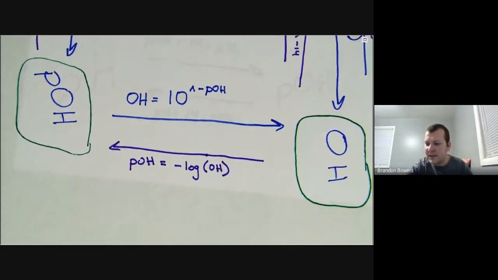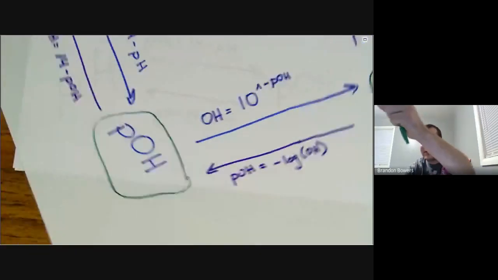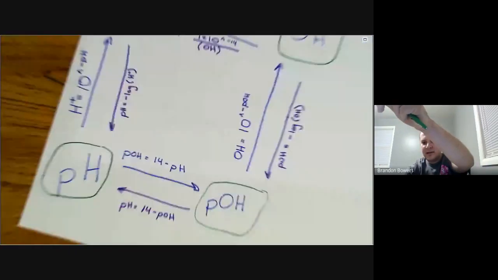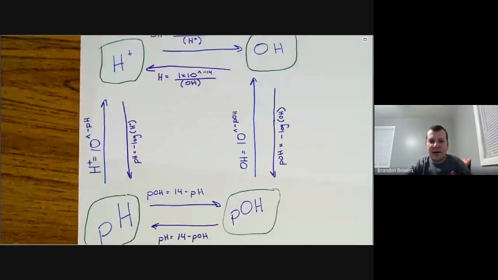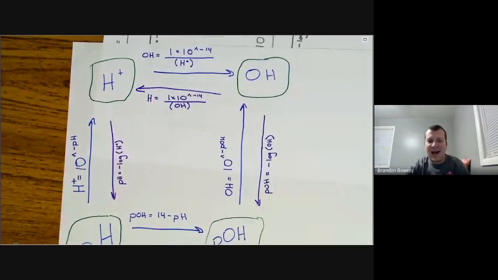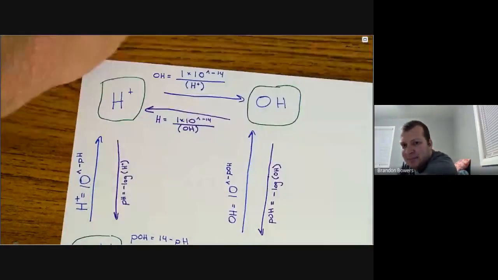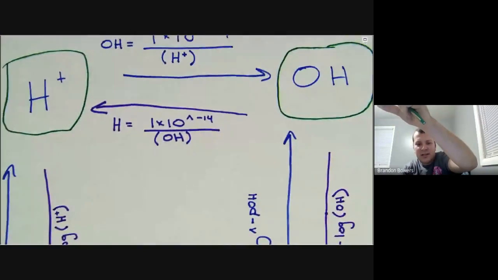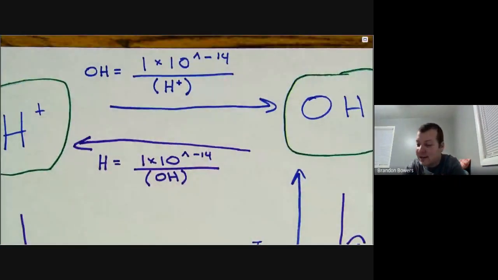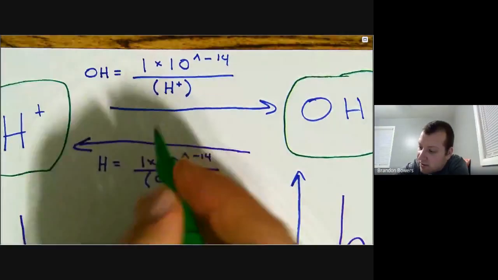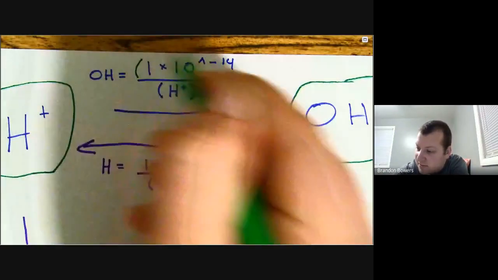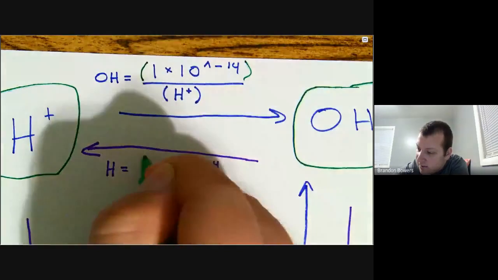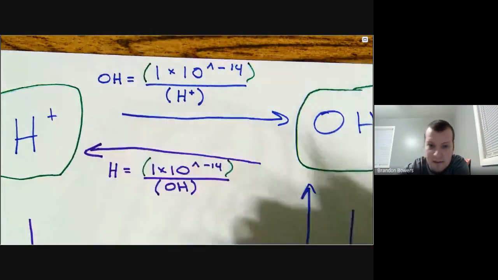So hopefully you got that down. We got two sides of our square done. Next, we're going to focus on the top. My top equation is H+ to OH-. I would highly recommend using parentheses. You always should use parentheses on these equations.